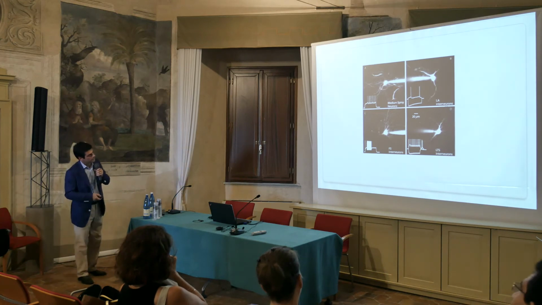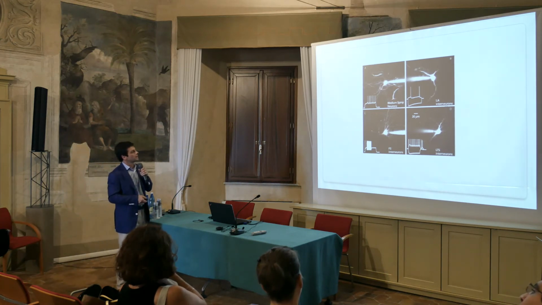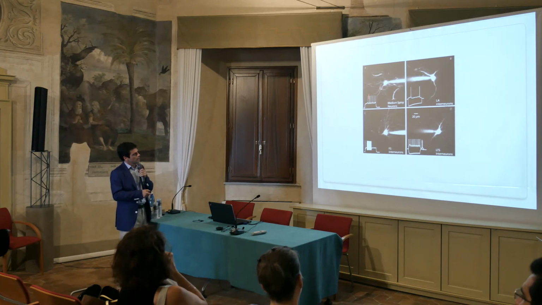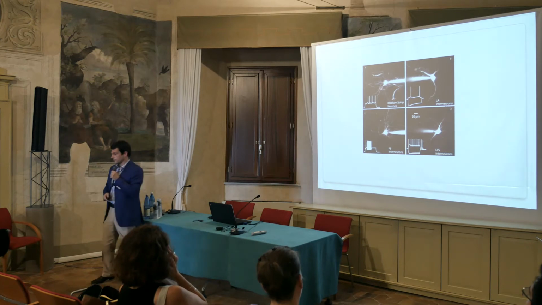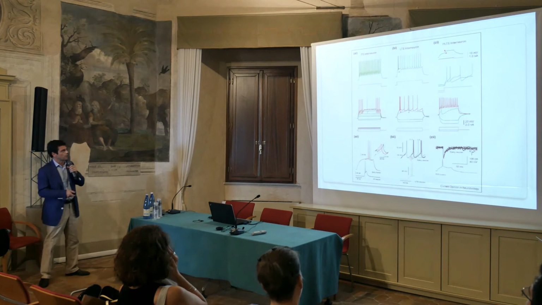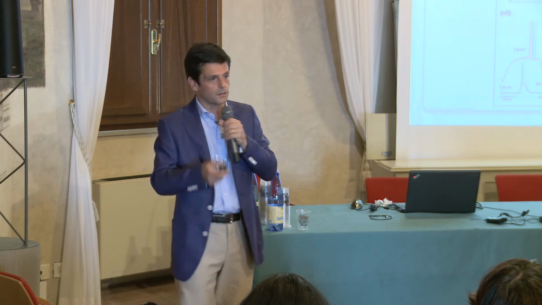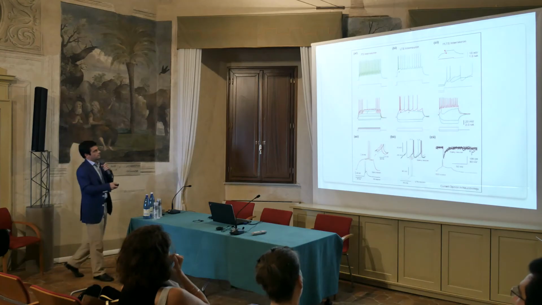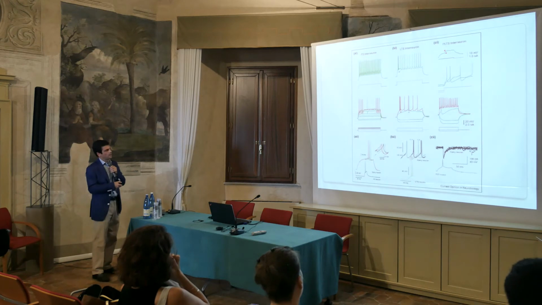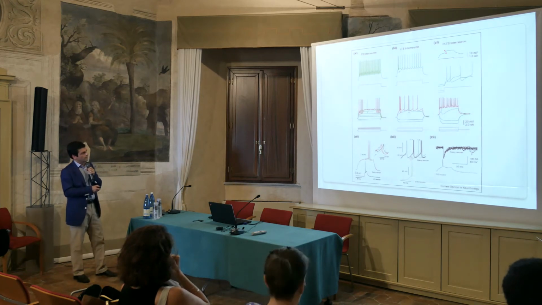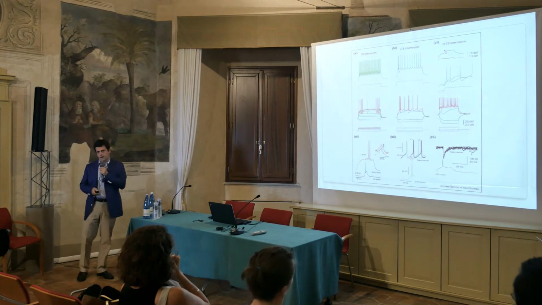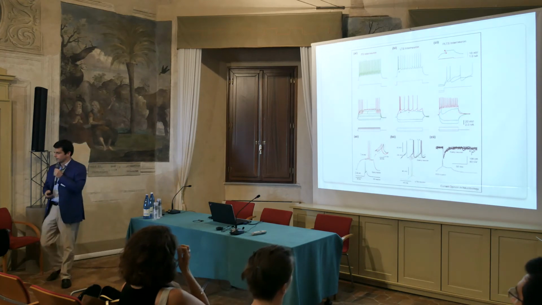So from this, maybe the light is a bit too much. Anyway, here you have schematically spiny neurons, cholinergic interneurons, and then you have these rare GABAergic interneurons, of course. If we want to give a quick look to these further interneuron subtypes, you see that fast spiking interneurons express parvalbumin, and they can fire at very high frequency, more than 200 Hertz.